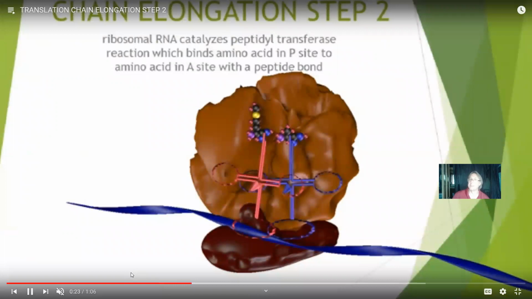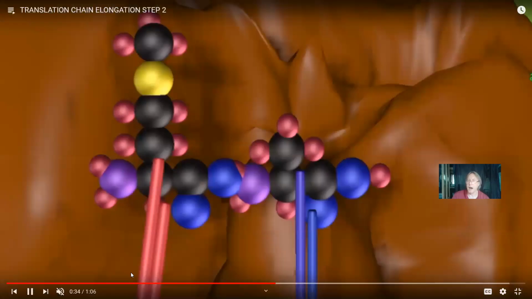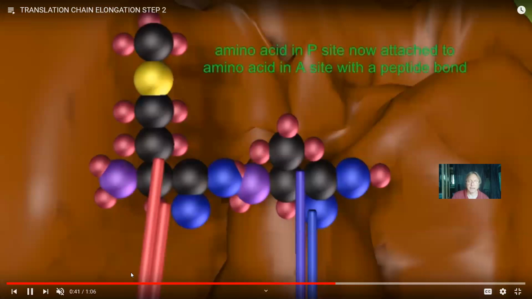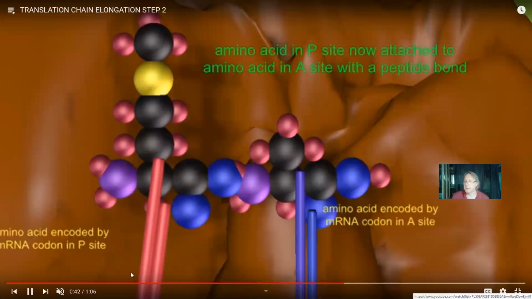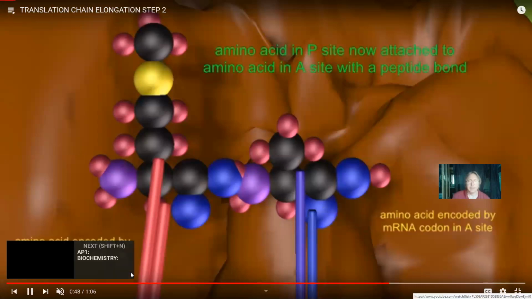So in the ribosome, you bring this amino acid together with that amino acid, and you form a peptide bond as an OH is taken away from one and H from the other, and now they stick together.